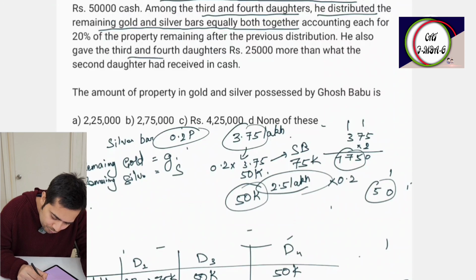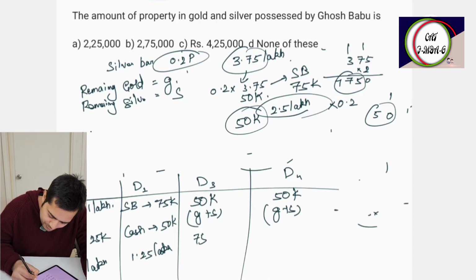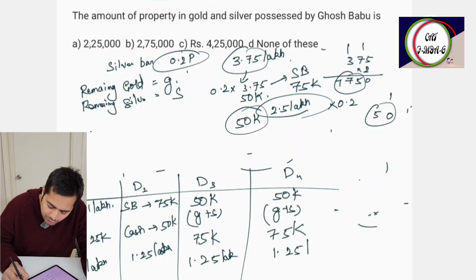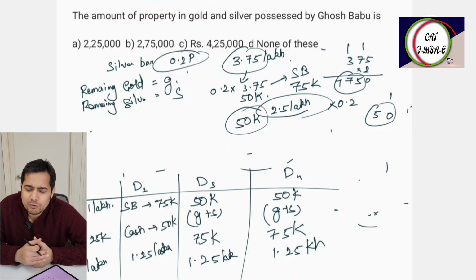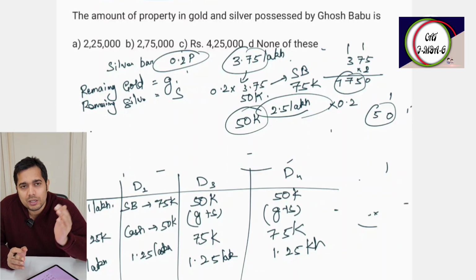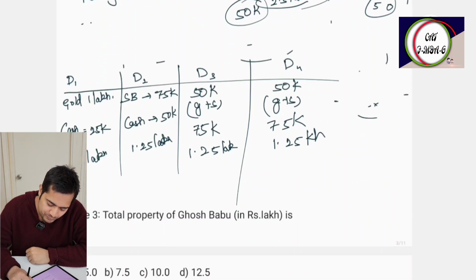He also gave the third and fourth daughter 25,000 more than what the second daughter received in cash. The second daughter received 50k, so 75k cash, 75k cash, 1.25 lakh, 1.25 lakh. This is how the distribution is given in the question, and we have taken all the points given in the question. Let's see what questions are asked, and let's try to answer them.